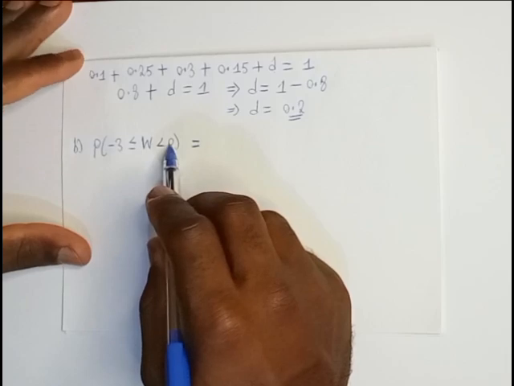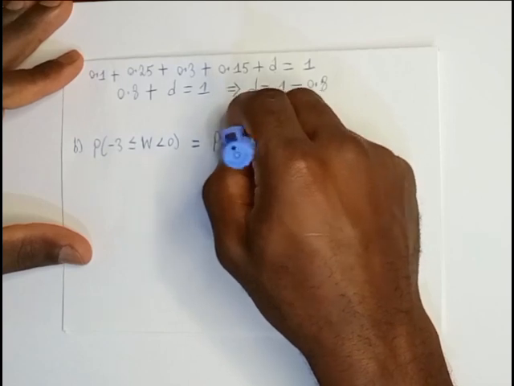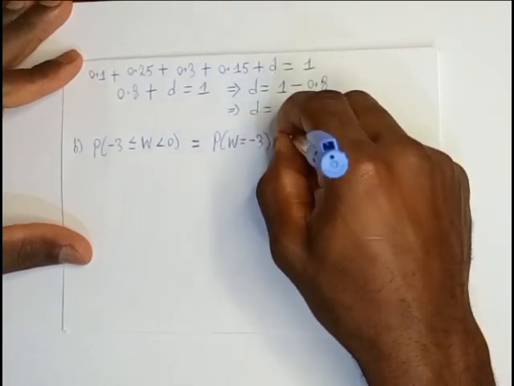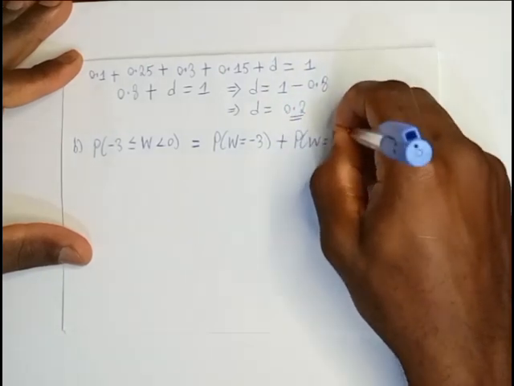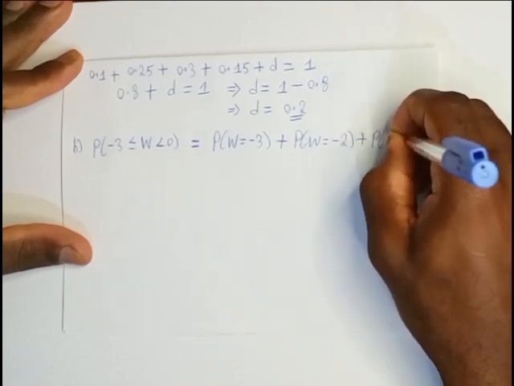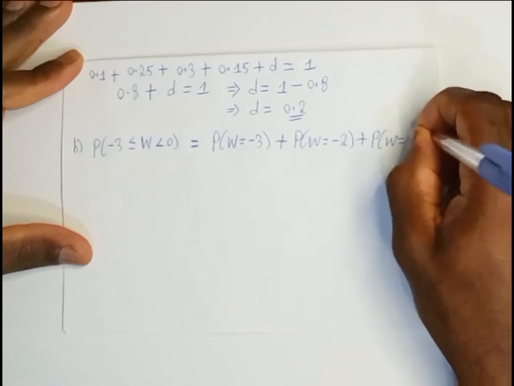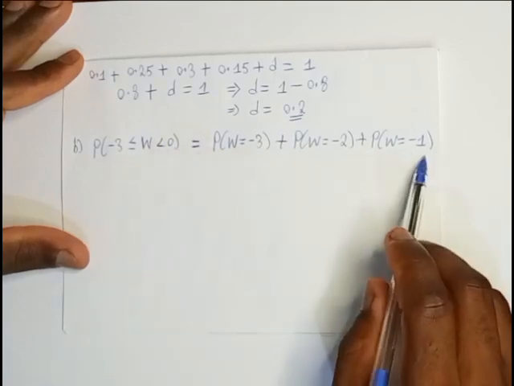That means 0 is not part of it. So this will give us P of W equal to -3 plus P of W equal to -2 plus P of W equal to -1. 0 is not included, so we end at -1.